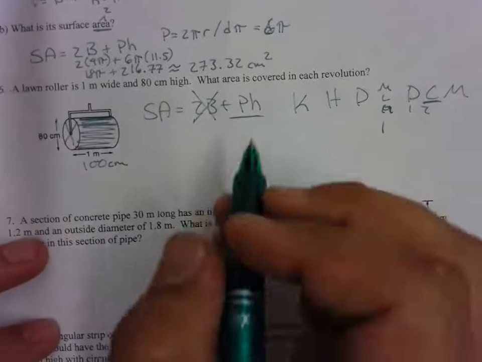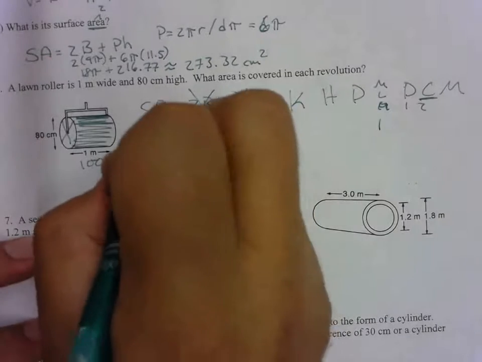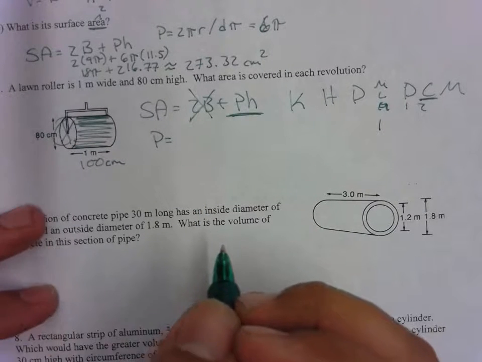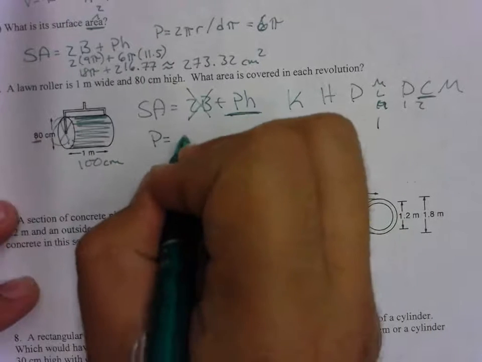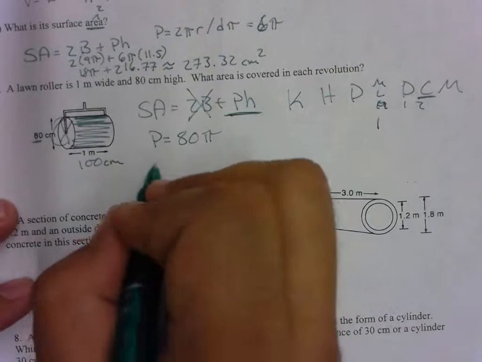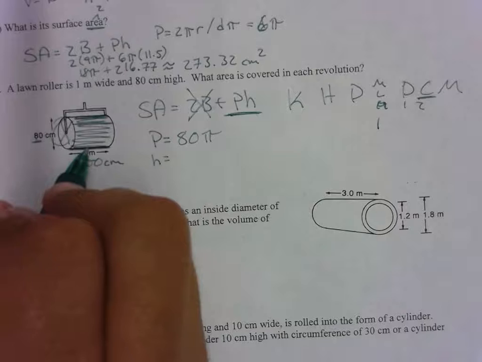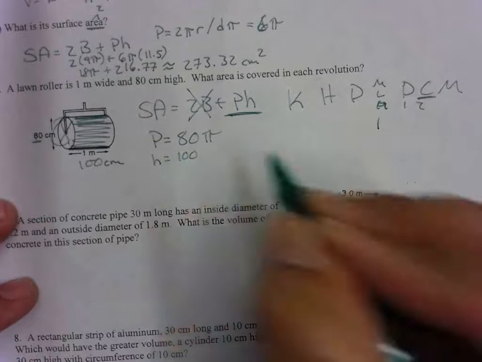Now I can find just this piece, which is perimeter times height. The perimeter of a circle is just diameter times pi. They gave me the diameter, it's 80. So the perimeter is 80 pi. What's the height? The height is the distance the two bases are away from each other. So that would be 100.